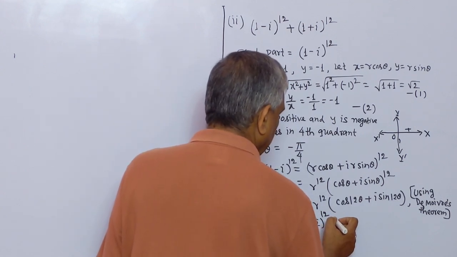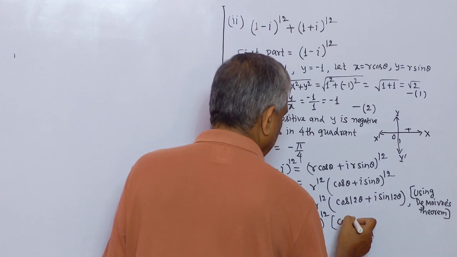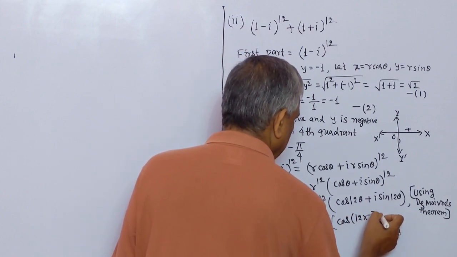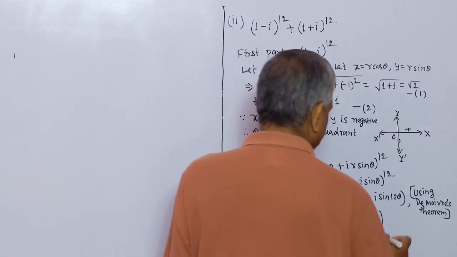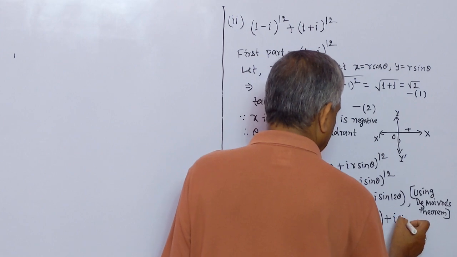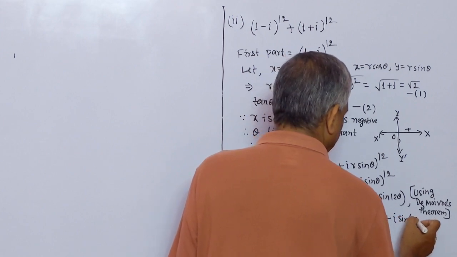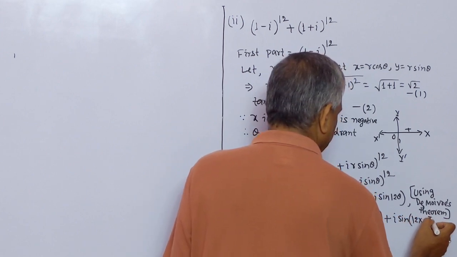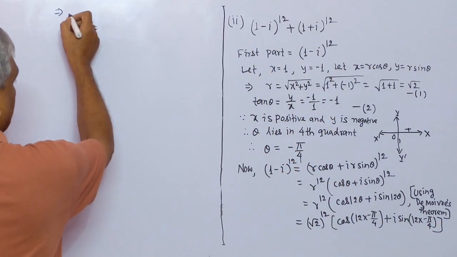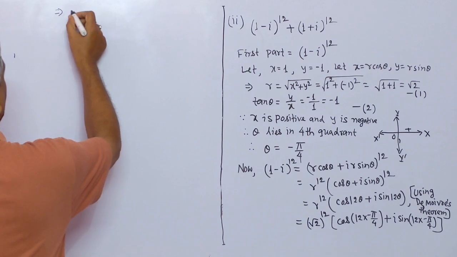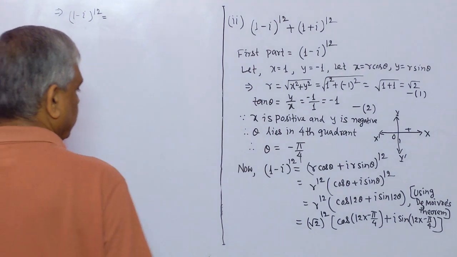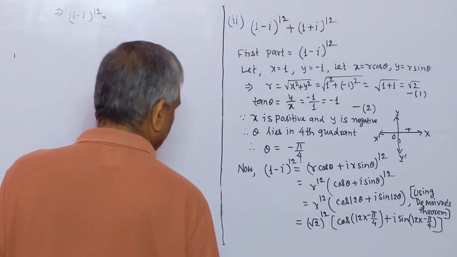Here cos of 12 multiplied by minus pi by 4 plus i sin of 12 multiplied by minus pi by 4. This implies that (1 minus i) to the power 12 equal to (square root 2) to the power 12.